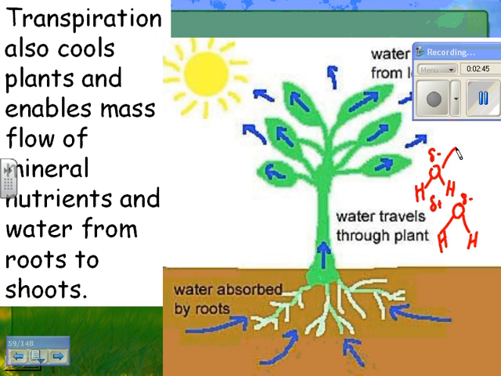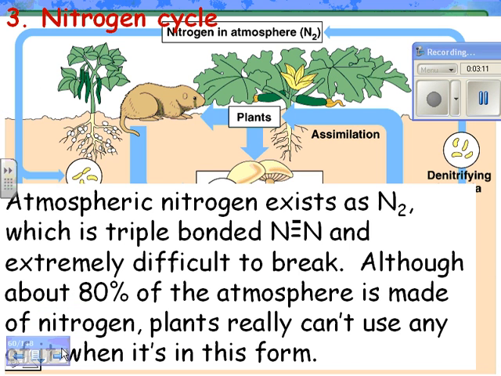And so when this one leaves the plant, it actually pulls the next one up. So that pulls the one behind it up, behind it, etc., until finally you get down here, and that's how the water actually enters the roots in the first place. So transpiration cools plants and enables mass flow of mineral nutrients and water from the roots to the shoots. So along with the water coming up, you also have minerals that are being brought up with it. And that was the water cycle.